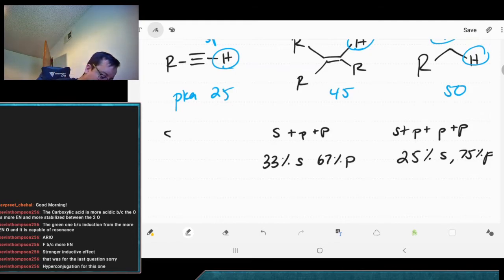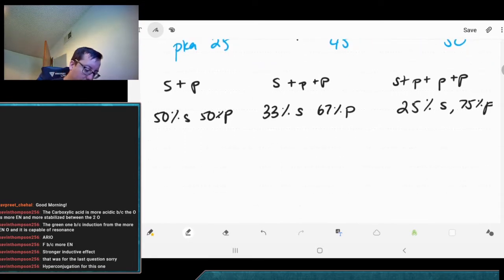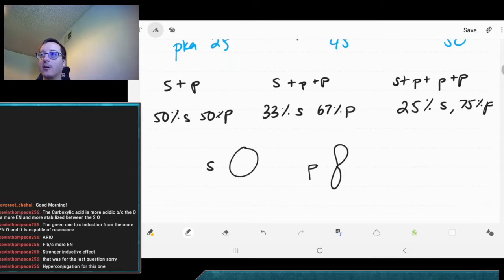And then for sp, we're looking at 50-50. Remembering that s orbitals are spherical, p orbitals are this kind of dumbbell shape.